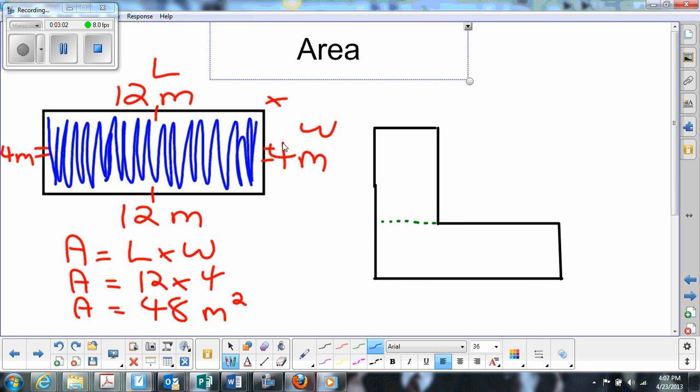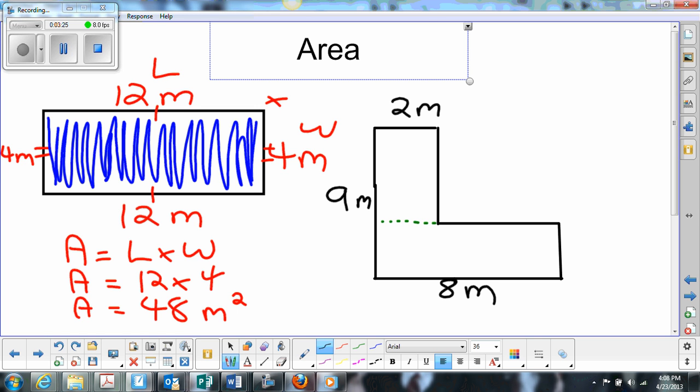So I'm going to assign some sides to this. So let's just say that this is 9 meters. These are not accurate, obviously. This is 8 meters. And let's say that the top is 2 meters.